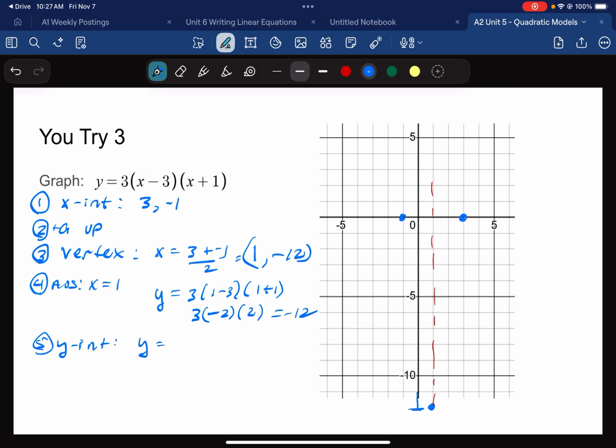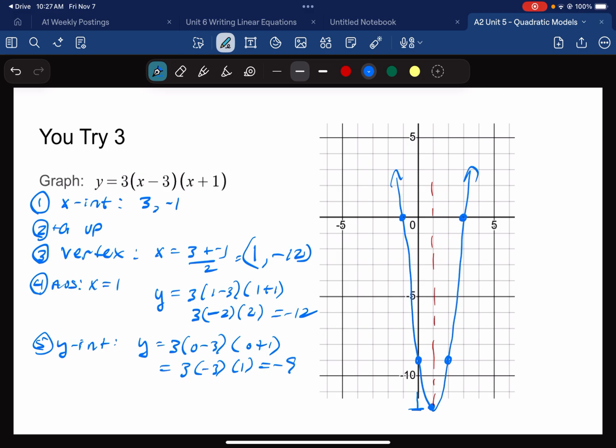So y equals 3 times (0 minus 3) times (0 plus 1). That's going to be 3 times -3 times 1, which is -9. So the y-intercept is -9. And its mirror image, and that finishes that parabola, like that. Okay.